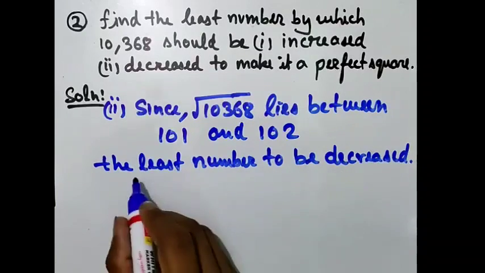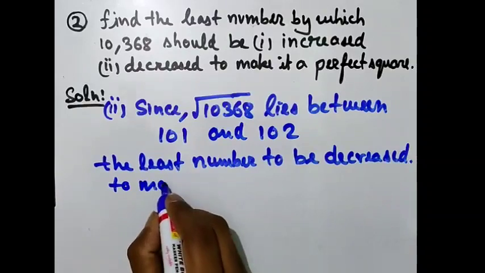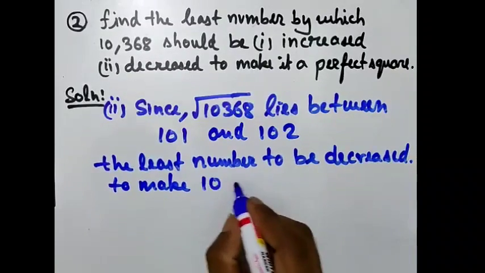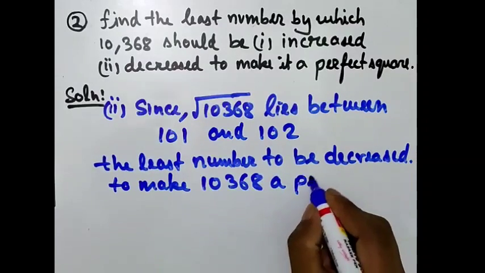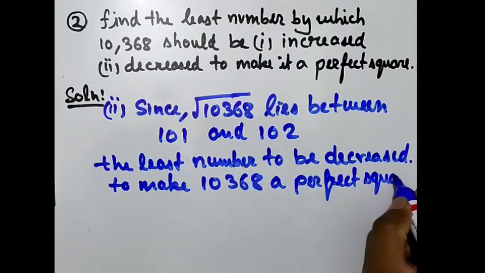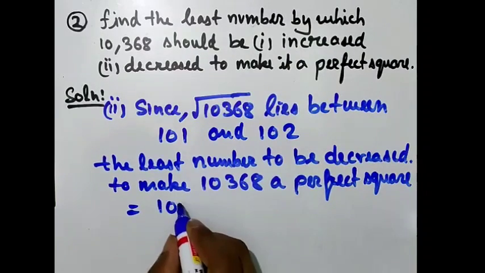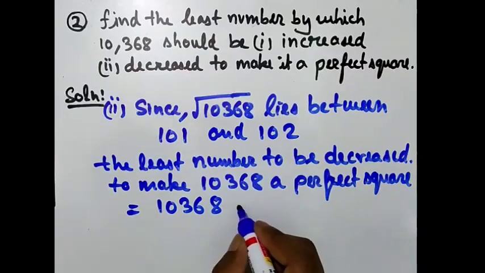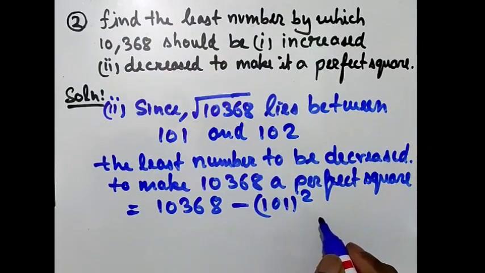So the least number to be decreased to make 10,368 a perfect square will be equal to 10,368 minus the square of 101, right?